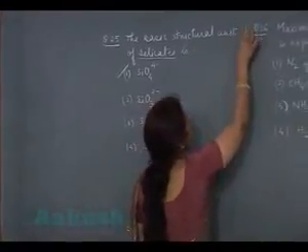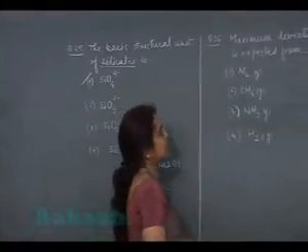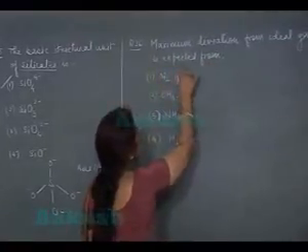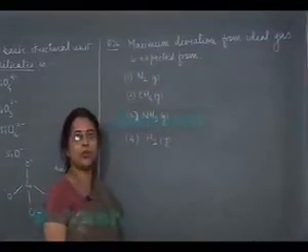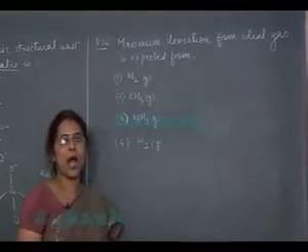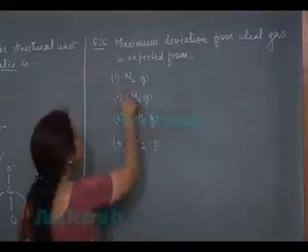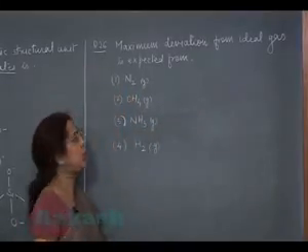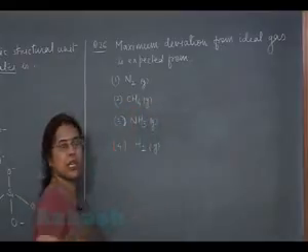The next question is question number 26. Maximum deviation from ideal gas is expected from. It means which gas will show maximum deviation from ideal behavior. Now the first option is nitrogen gas. Nitrogen gas is a non-polar gas. Second is methane gas.